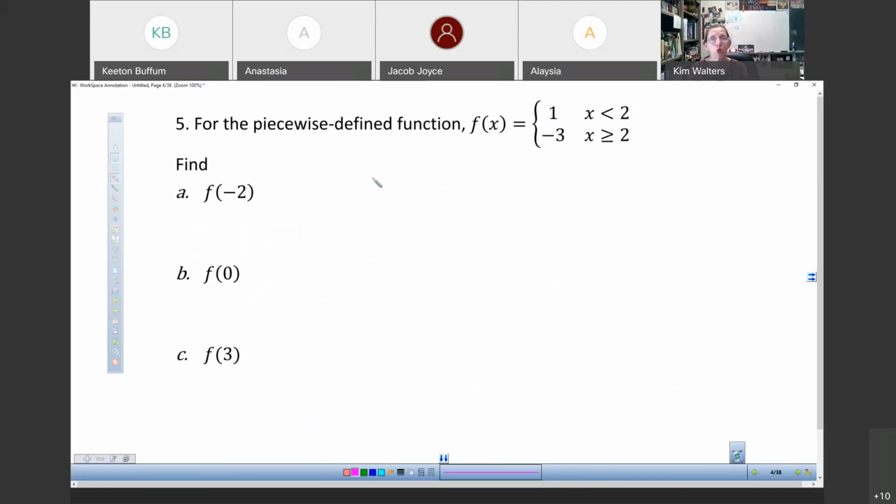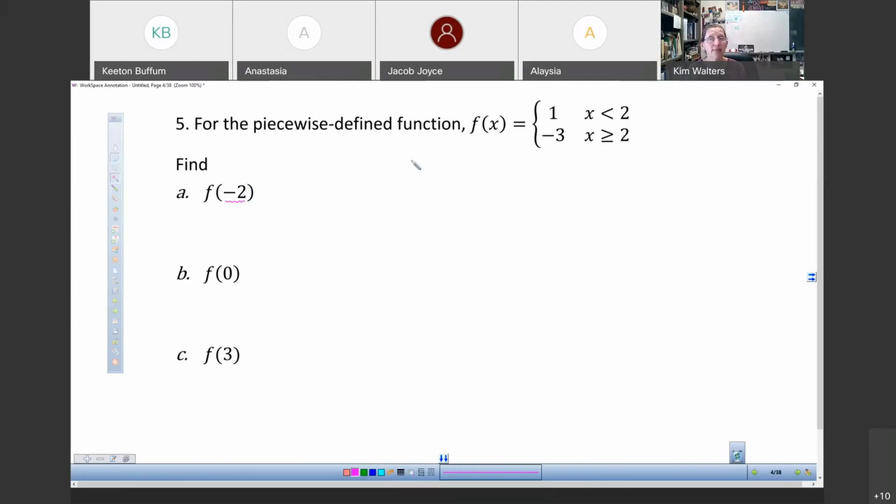So when I come over here to my questions, I say, all right, for this function f, what is f of -2? Remembering that this is my x value, okay? The first thing I have to do is say, all right, is this x value less than 2 or greater than 2?